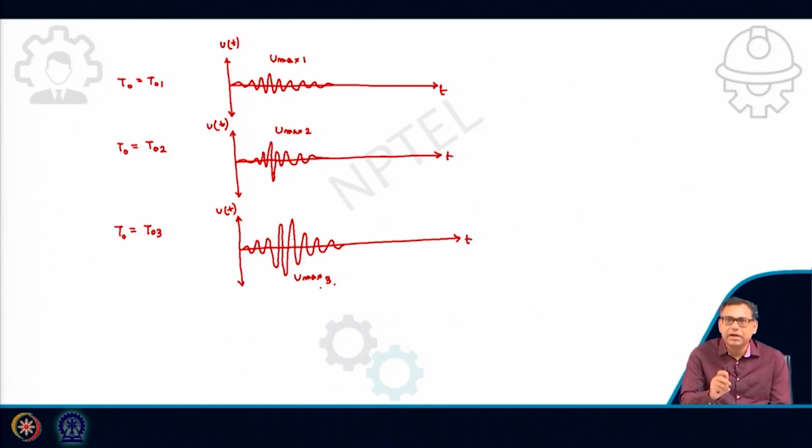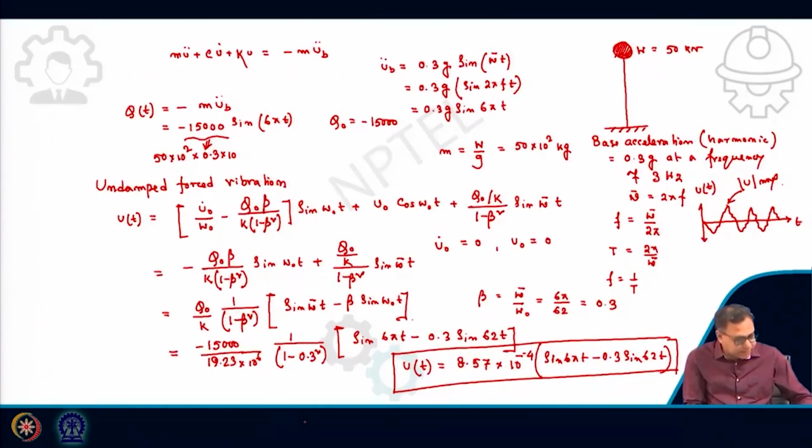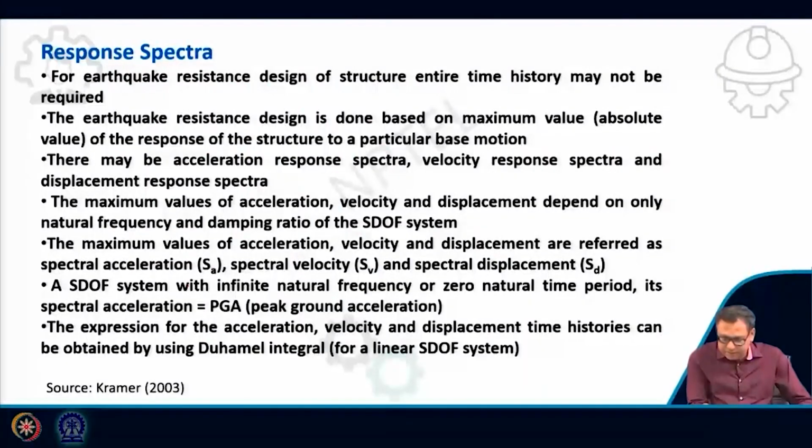So you fix that damping ratio the same, and then you change the T0, and then you will get the maximum value. That maximum value is the spectral displacement.